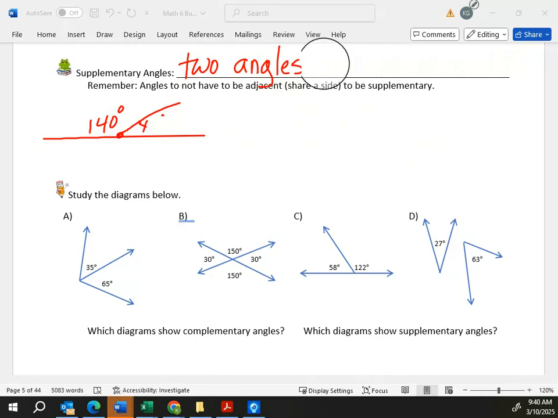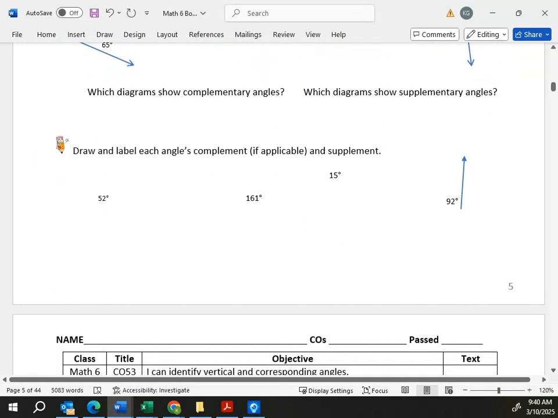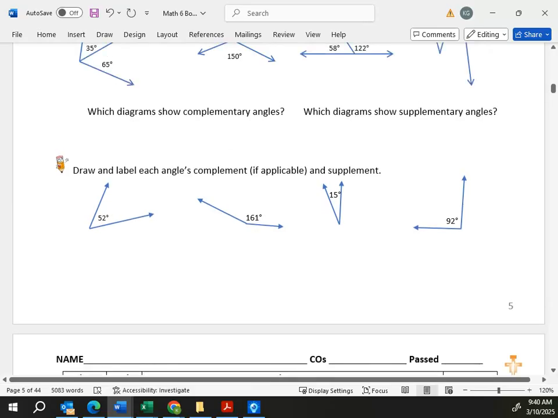And if we look at the bottom, draw and label each angle's complement, if applicable, and supplement. So what does it mean, if applicable? When wouldn't it have a complementary angle?